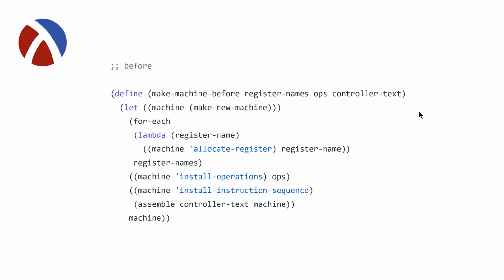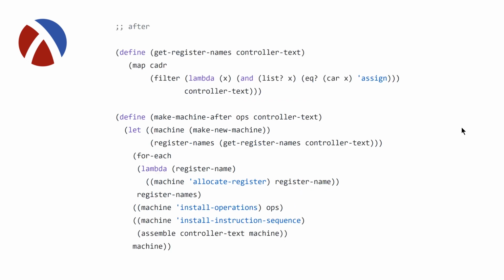The a, b, and t from the GCD example exist in our controller text, and they're tagged by the assign tag. So we can go through and extract these from controller text and then remove the need to explicitly specify them. The way to do that is the following: remove register names, and then create a new make machine after, which no longer has the register names. It just has ops and controller text.